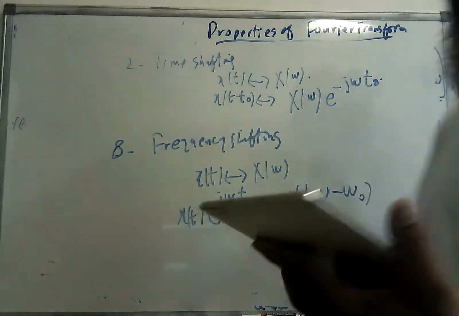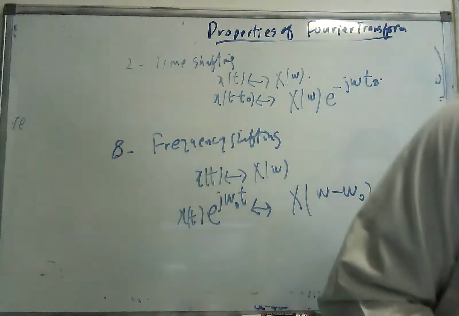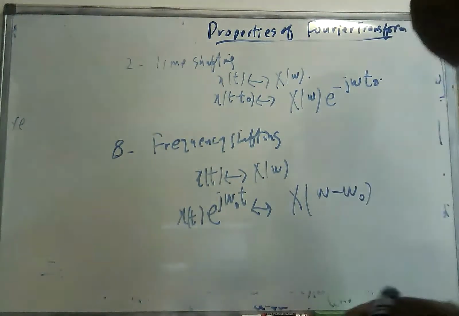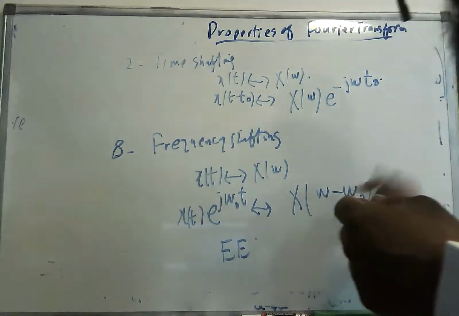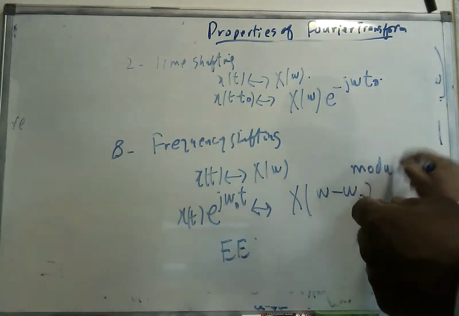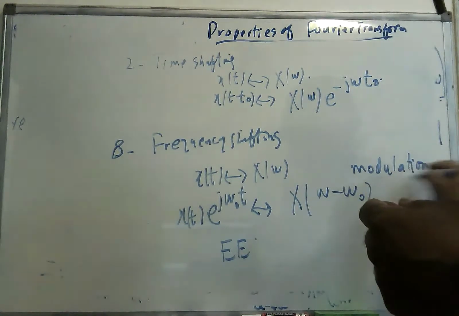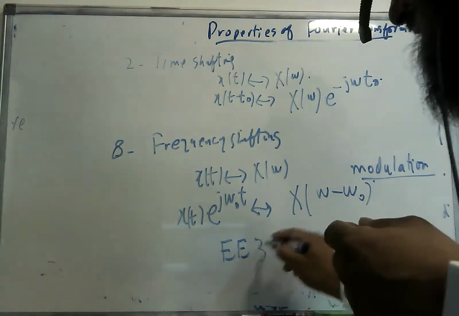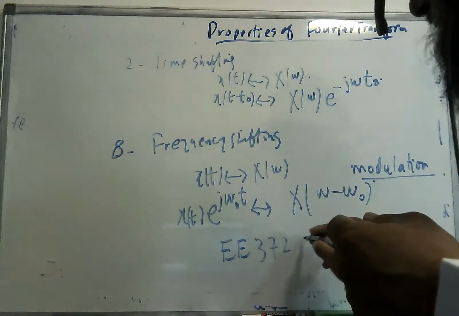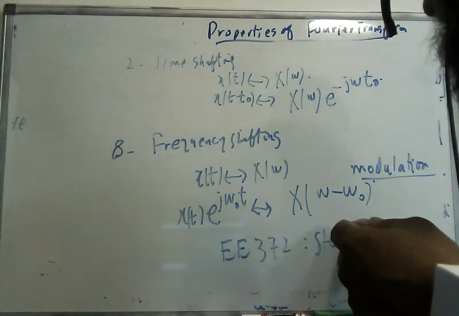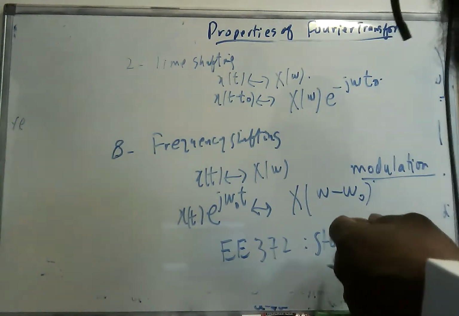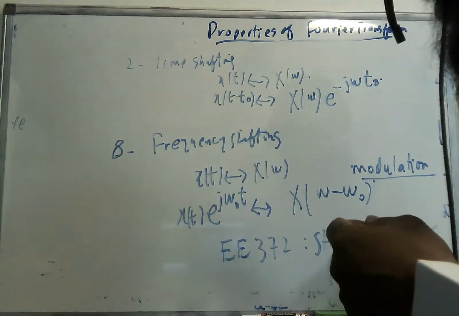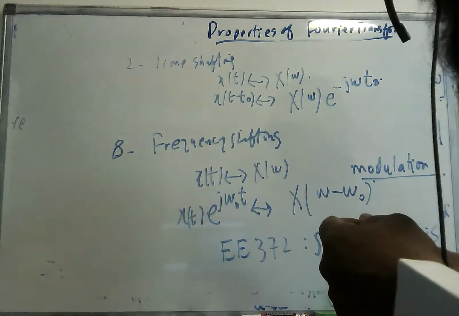This property is very, very important because of communication theory, EE372, and this property is also called the modulation property. So EE372 starts from this property of modulation.